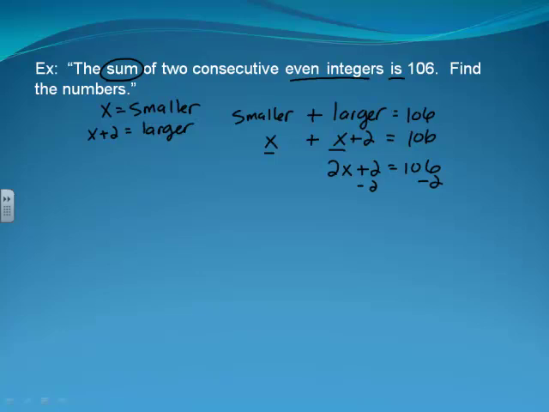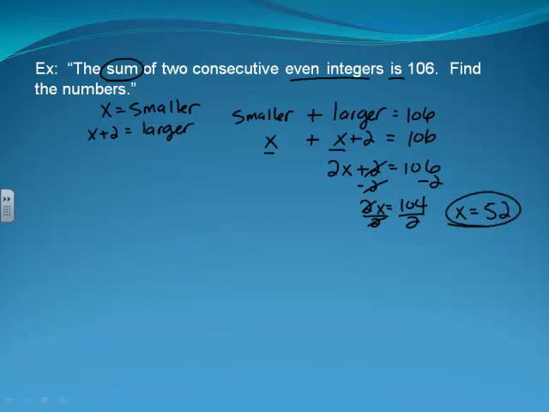Subtract 2 from both sides. We're trying to solve for x. And we've got 2x is equal to 106 minus 2, which is 104. Divide both sides by 2 to solve for x. And x is equal to 104 divided by 2, which is 52.